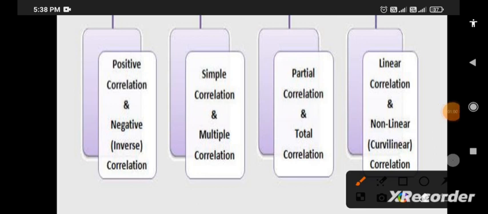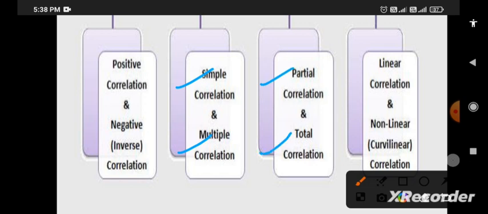Next is the simple and multiple correlation. The simple correlation gives the relationship between two variables, whereas the multiple correlation gives the relationship between more than two variables at a time. Third is the partial and total correlation.